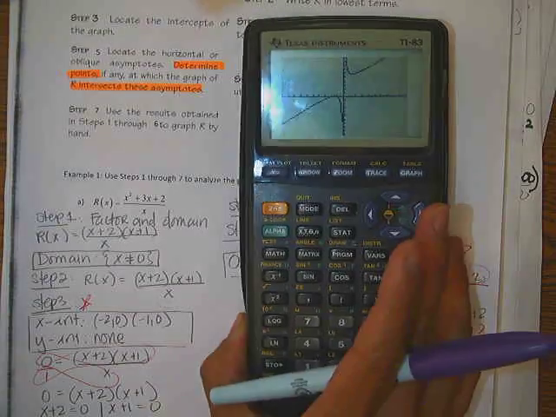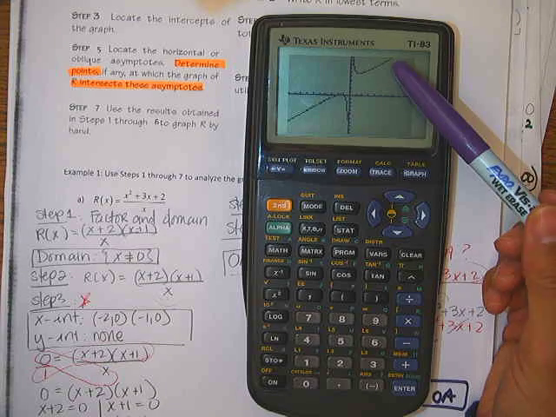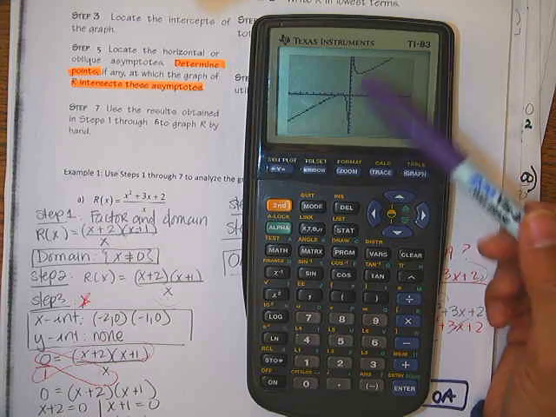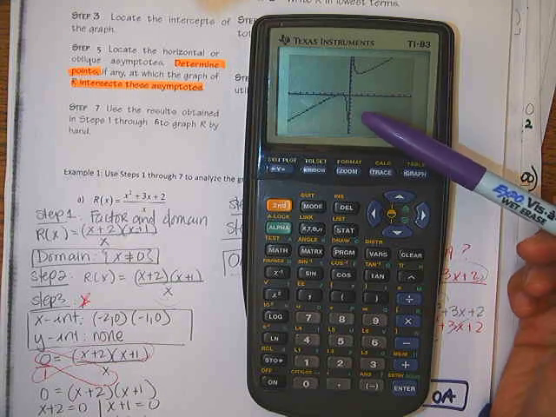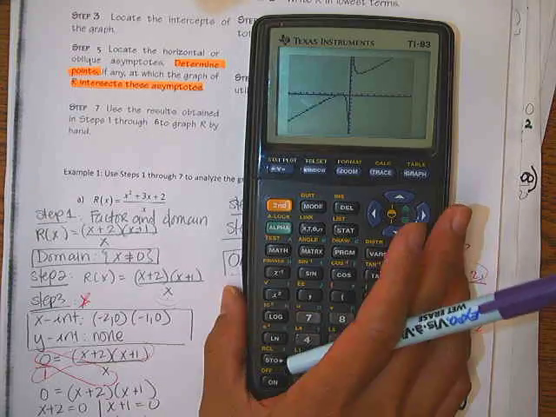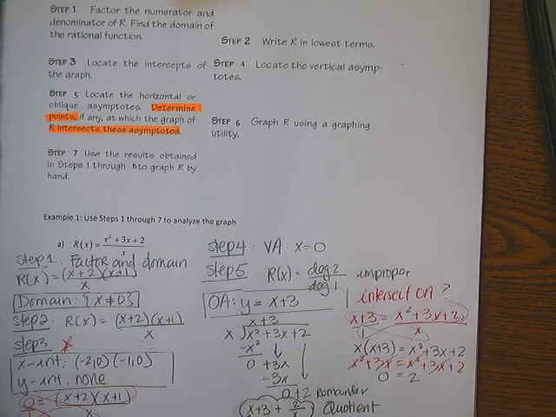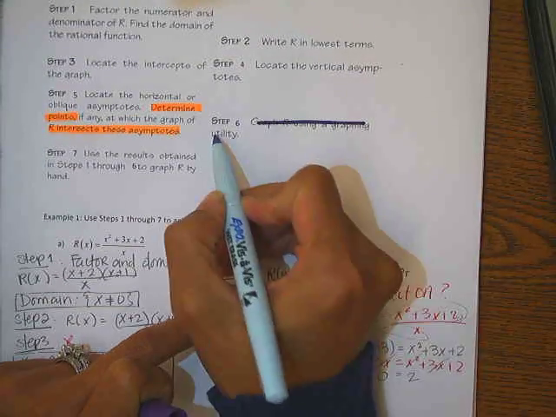Because look at this. It's quite confusing. How do you know where the horizontal asymptote, the vertical asymptote, or an oblique asymptote is? There's no way, right? So on step 6, I'm going to cross it out and do not use a graphing utility.